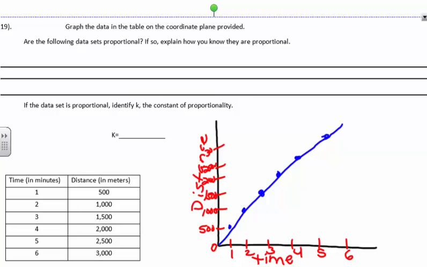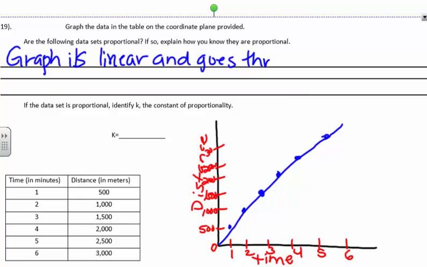So if I had to answer if it's proportional, I would say yes. According to the graph, it's linear and goes through the origin. And if I look at the table, the relationship between x and y is constant.